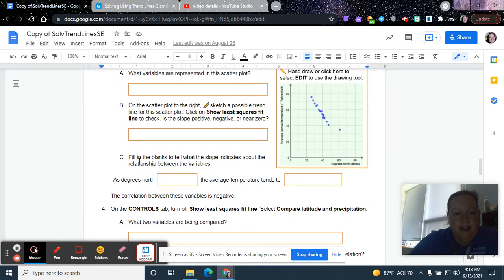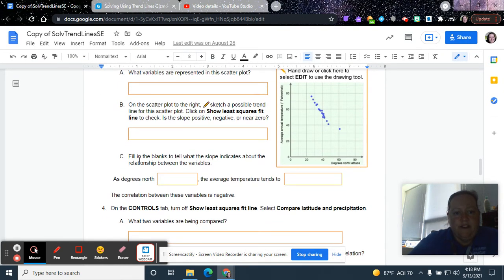And now it says, on the scatter plot at the right, sketch a possible trend line. Click on show least squares fit line to check. Is the slope positive, negative, or near zero? If you are doing this on paper, you can just draw through it.